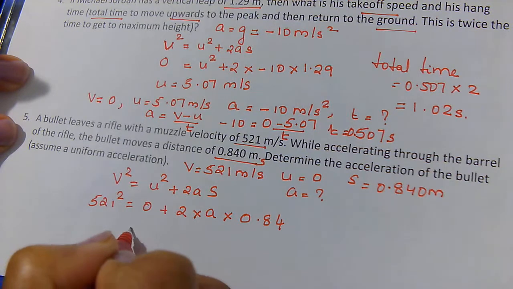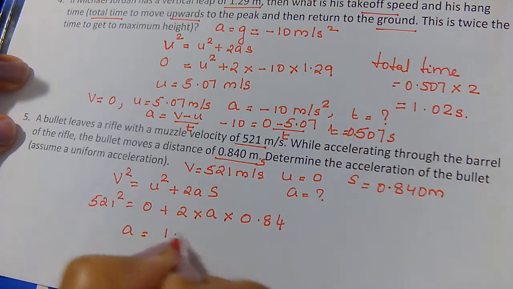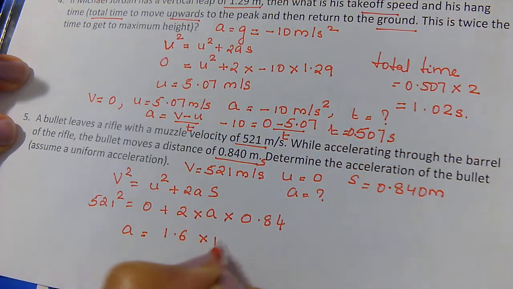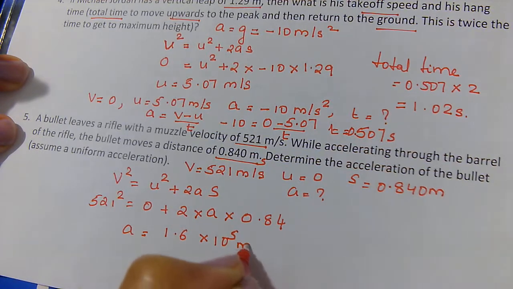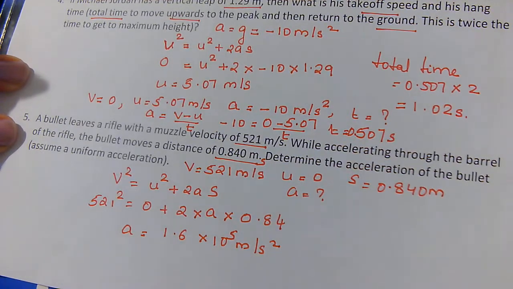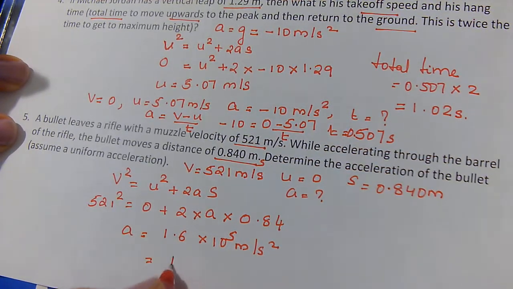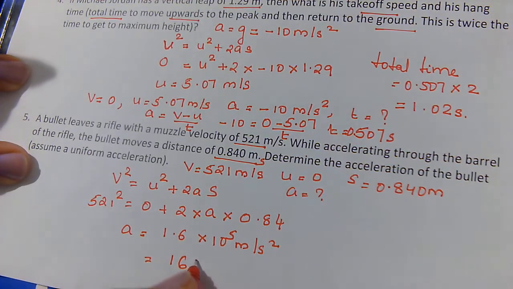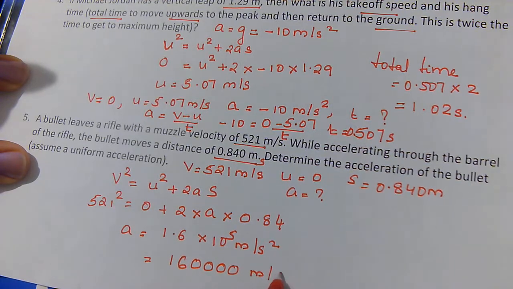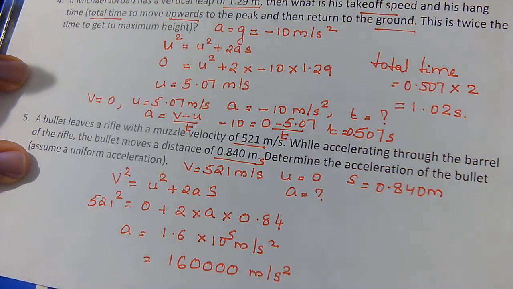If you rearrange it, you will get a as 1.6 times 10 to the power 5 meters per second square. If not in scientific form, it should be 16 followed by 4 zeros meters per second square. Okay, so is that clear, all of you? Now we are moving on to question number 6.